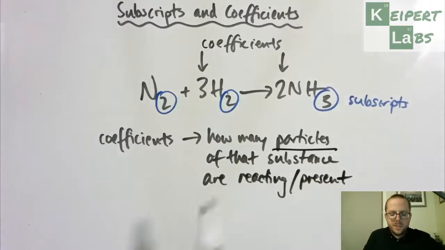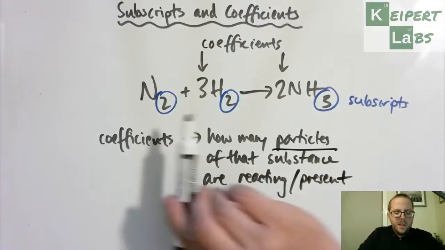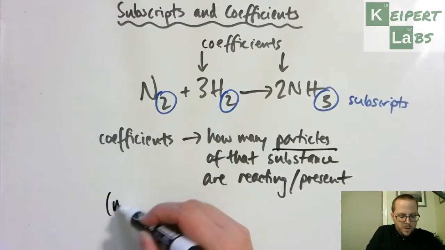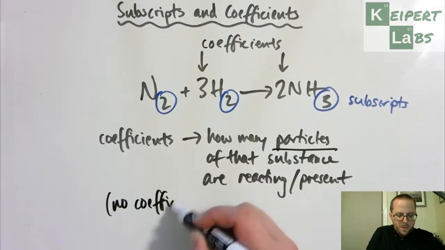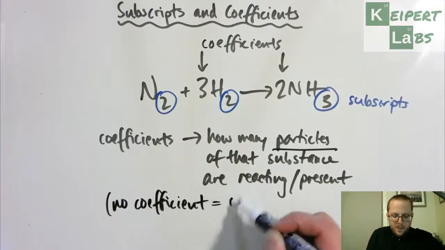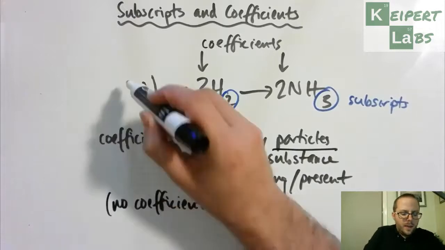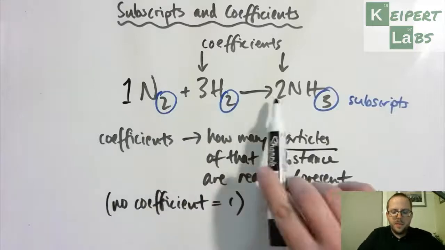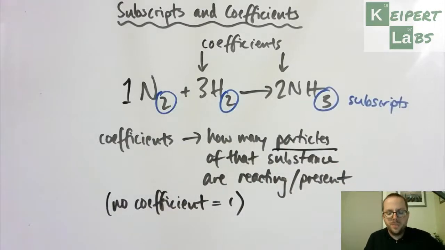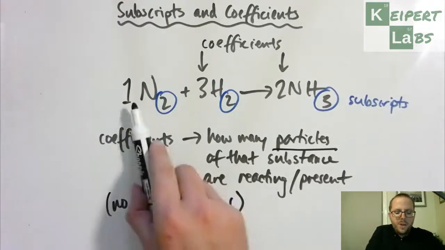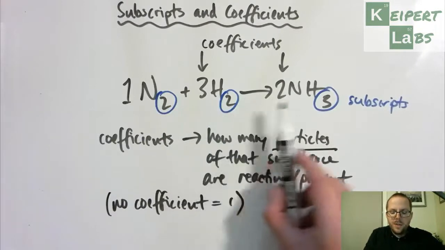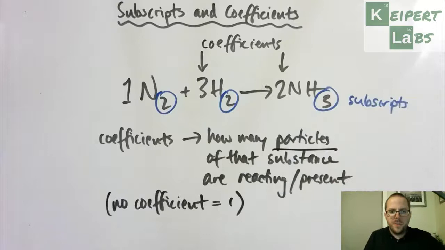So if I'm looking at this, the same sort of thing applies here, that no coefficient isn't 0 but also equals 1. So it's like saying I've got 1 of these plus 3 of these forms 2 of those. The idea here is that I have one nitrogen molecule reacting with 3 hydrogen molecules to form 2 ammonia molecules, which is what this one is over here.